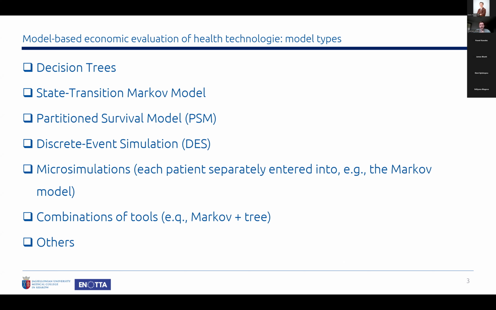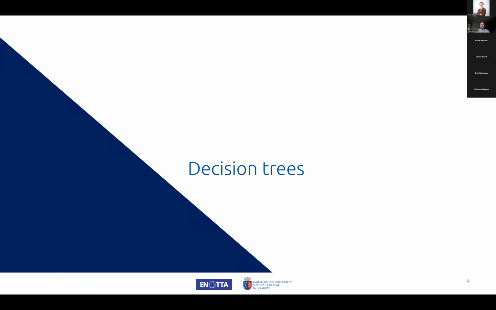But understanding the decision tree will help us to learn more about Markov models because Markov models can often be seen as a more advanced, more complex decision tree with looping, with some returning to the previous decisions aspects. So let us start with the decision tree.